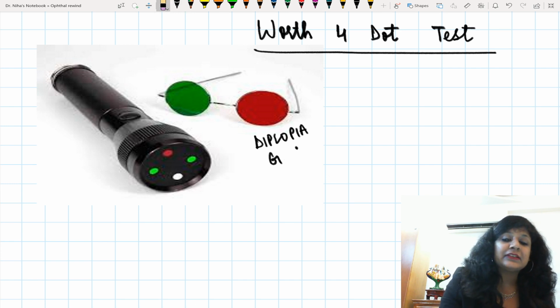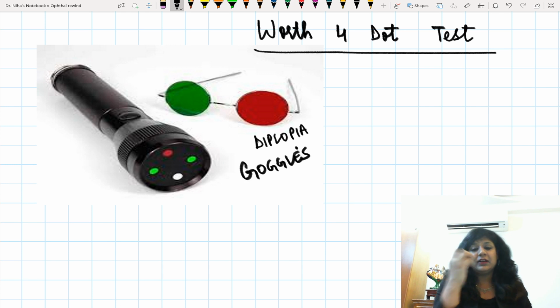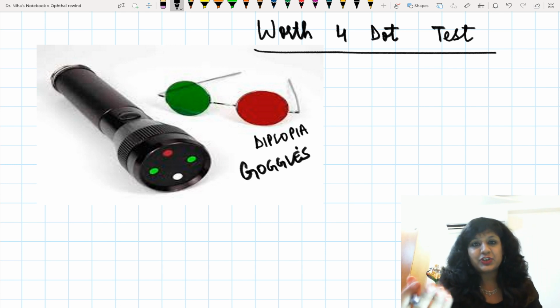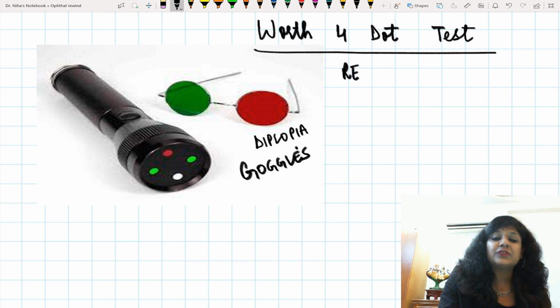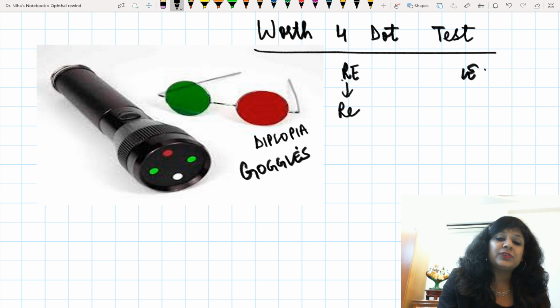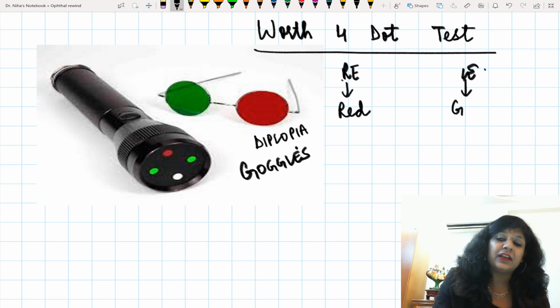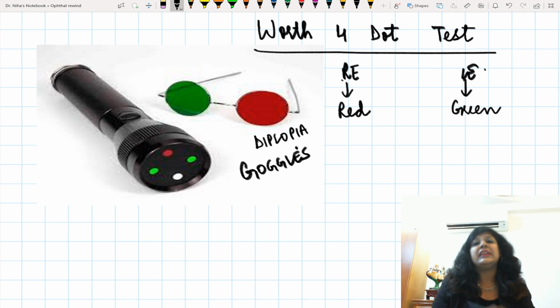Now as you can see, on one side we have got the red color and on the other side we have got the green color. We can use it interchangeably also, but as far as the most common convention is concerned, it is R for R: we are using the red part in front of the right eye and the green part in front of the left eye.